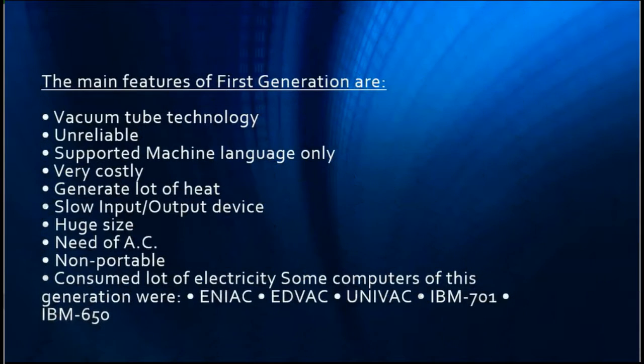The main features of the first generation are vacuum tube technology, unreliable, supported machine language only, very costly, generated a lot of heat, slow input-output devices, huge size, need of AC, non-portable, and consumed a lot of electricity. Some computers of this generation were ENIAC, EDVAC, UNIVAC, IBM 701, and IBM 650.